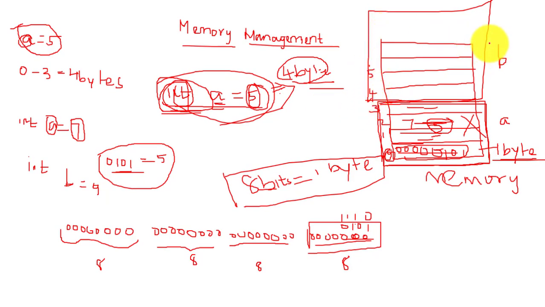That information will be stored into the lookup table. The lookup table has the information about the variable B and the memory address. This 9 will be converted into binary, and that value will be stored into this memory address. So this is how memory is allocated to a variable based on the data type it belongs to.